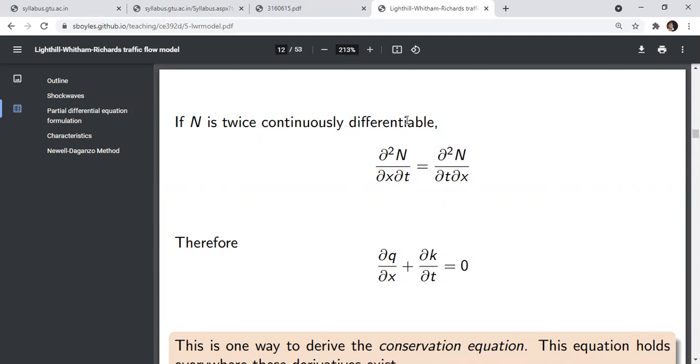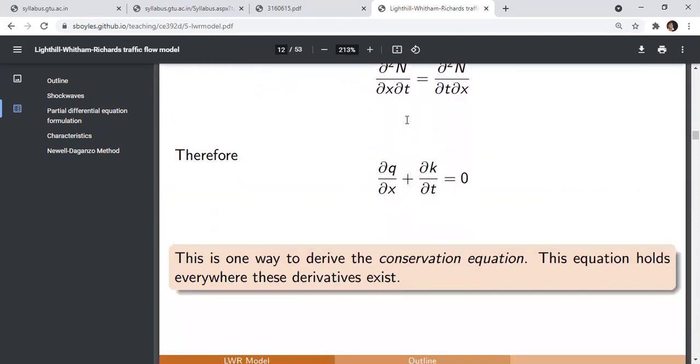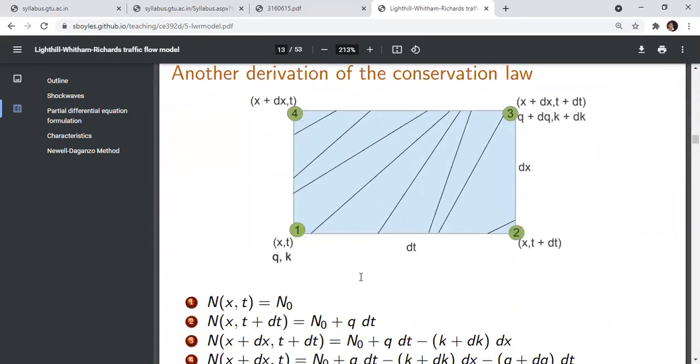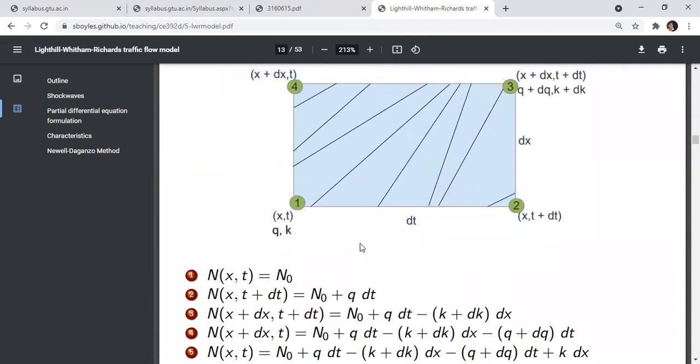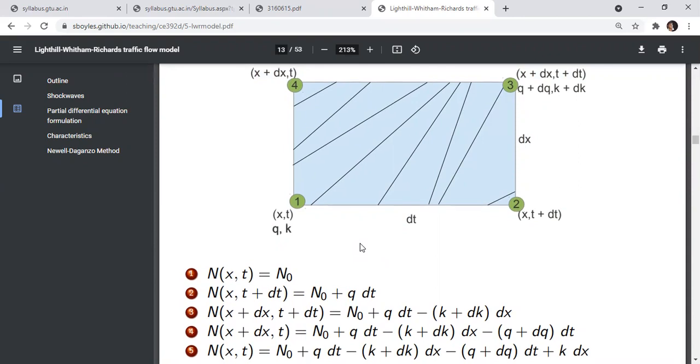Therefore dq by dx plus dk by dt is equal to 0. This is one way to derive the conservation equation. This equation holds everywhere that the derivative exists. Another derivation of the conservation law: this particular figure shows different trajectories, like the flow rate, the speed, and the time.